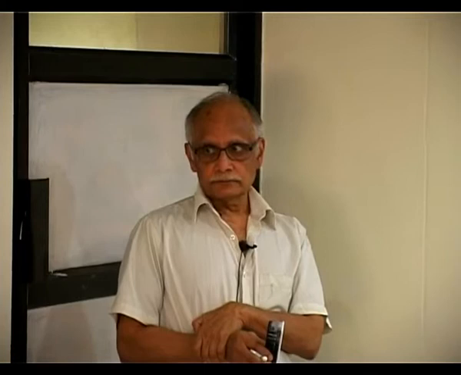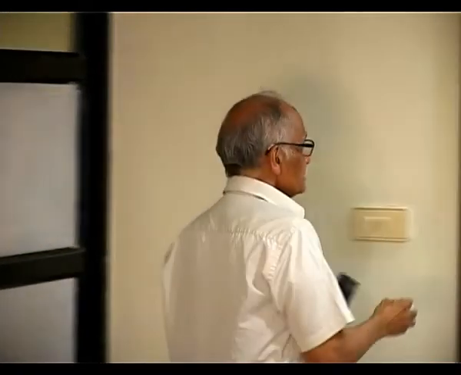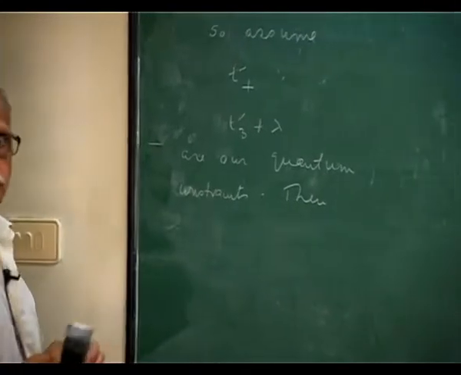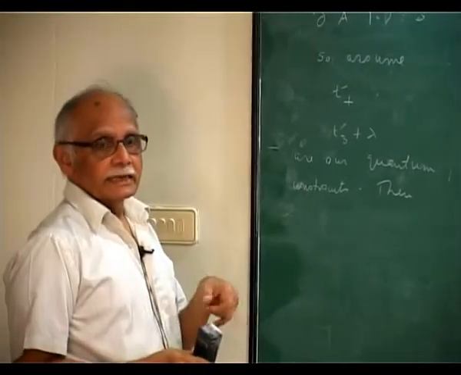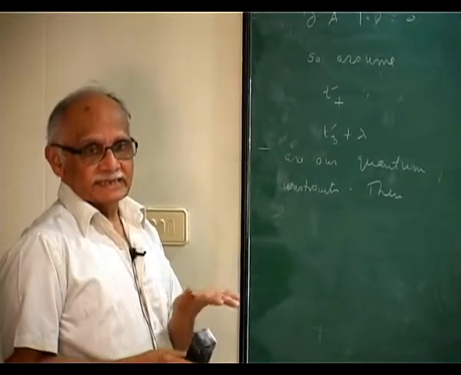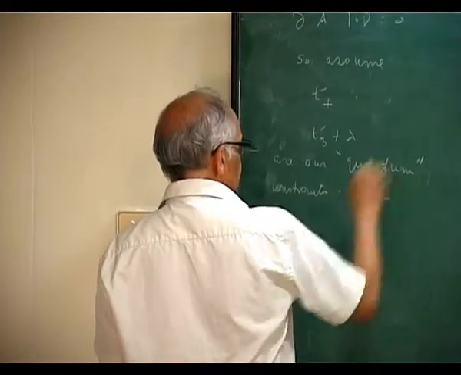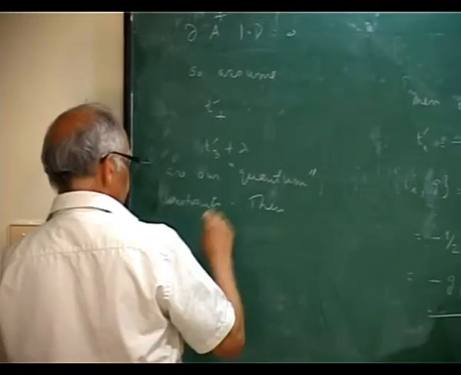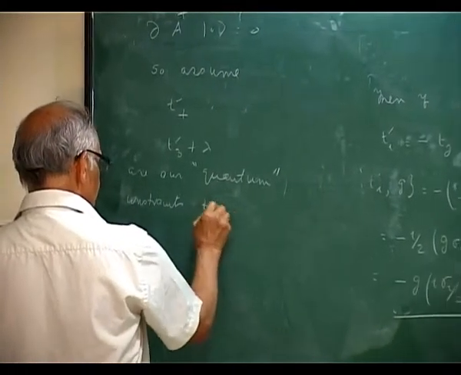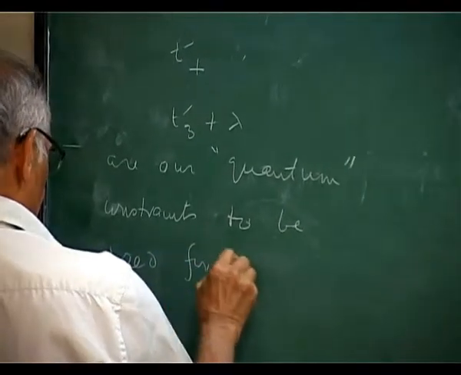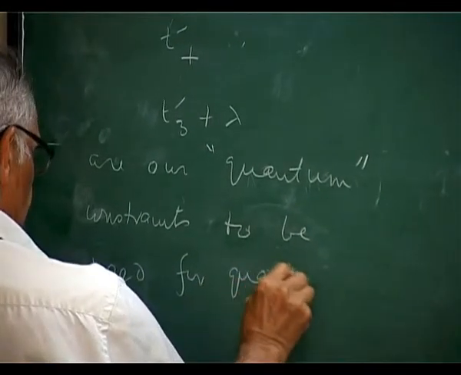So if you do this, then what do you mean by a quantum constraint? I am going to impose this as a condition on the quantum states, or to be used for quantization. That's what I mean.